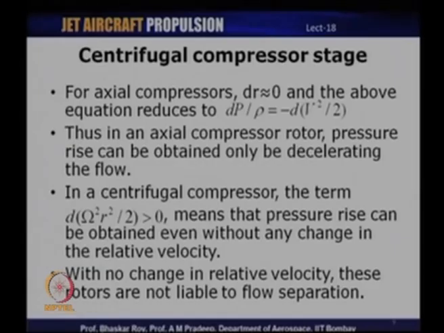So, for axial compressors, dr is equal to 0, which means that dP by rho is minus d of V square by 2. So, in an axial compressor rotor, pressure rise is basically because of deceleration. In a centrifugal compressor, the first term is always greater than 0, which means that pressure rise can be obtained even without any change in relative velocity.